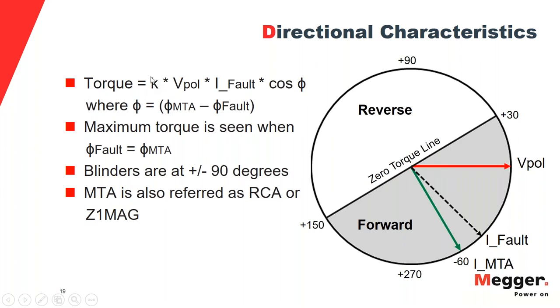This is called the torque restraining factor, and it is dependent on the coils that are used in the directional relays. You remember I talked about the directional unit in electromechanical relays. They have coils for sensing your polarizing signal and for sensing your current operating signal. This K is nothing but a restraining factor for those coils.